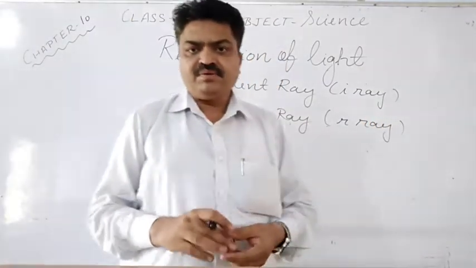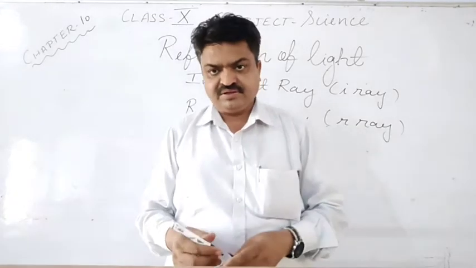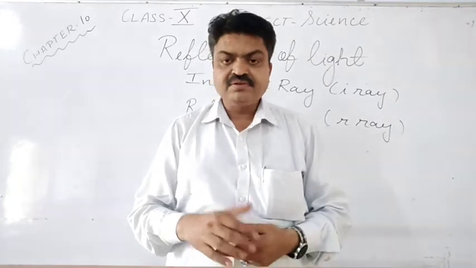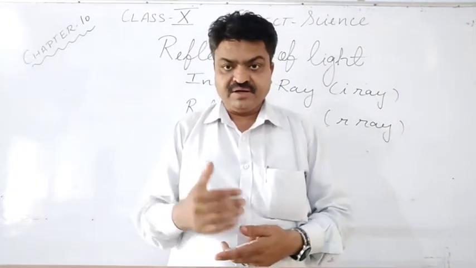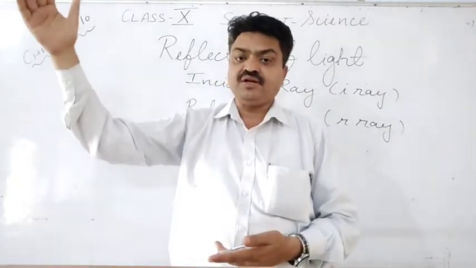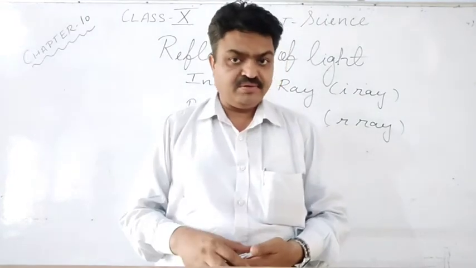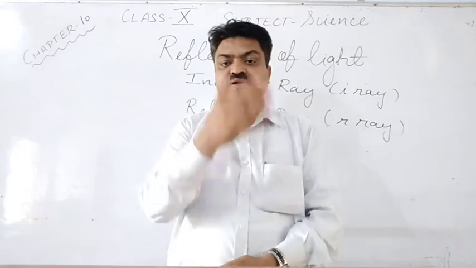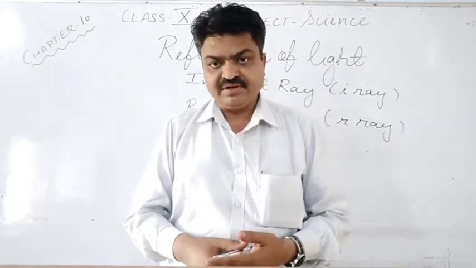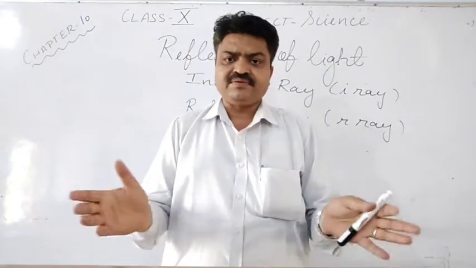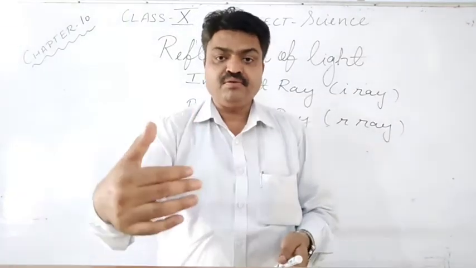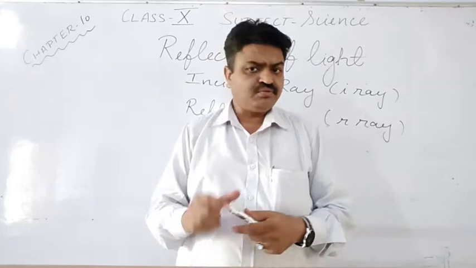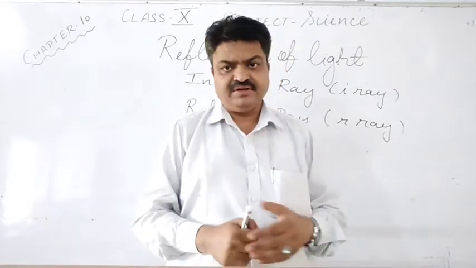So there are two types of rays, as you have read in the 8th class. The rays that come from the source of light are known as incident rays, and the rays that are reflected back are known as reflected rays. This bouncing back of light is known as reflection. Today we will discuss this in detail.